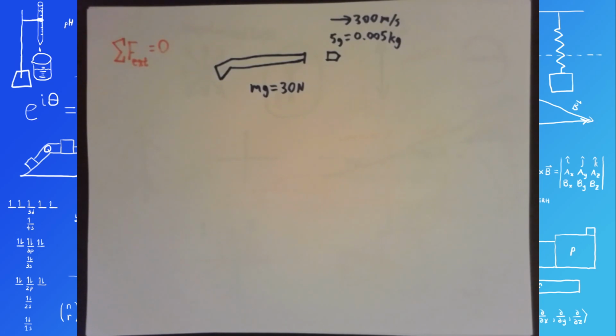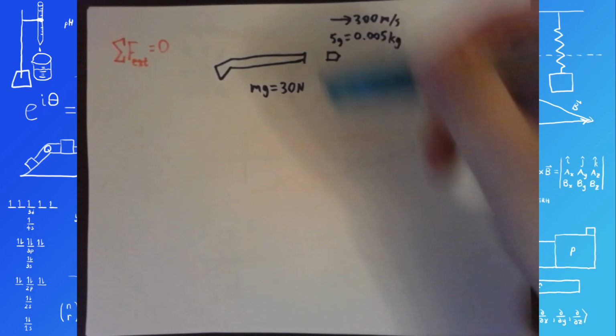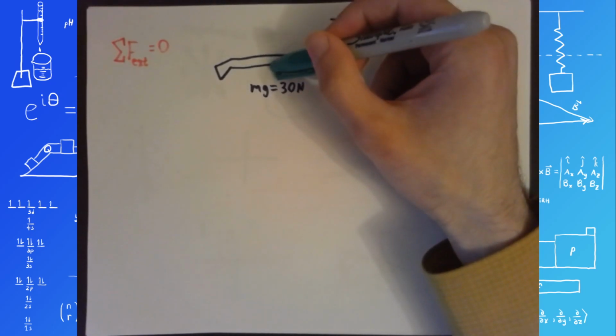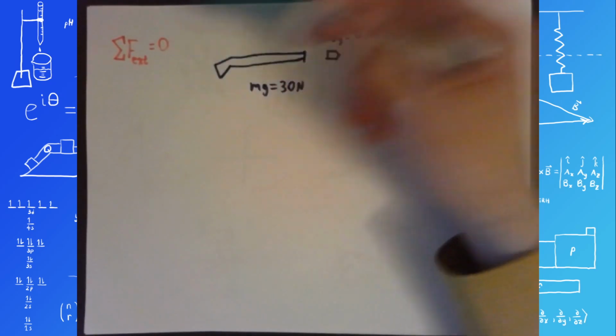There is no friction mentioned, no air resistance of any sort. There is normal force and gravity acting on the bullet when it's inside the rifle, but they cancel each other out.